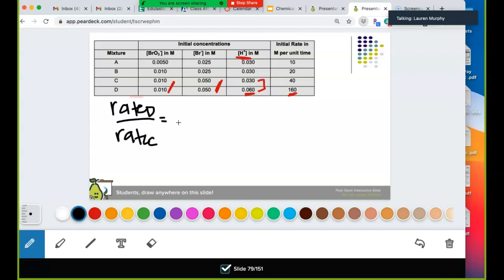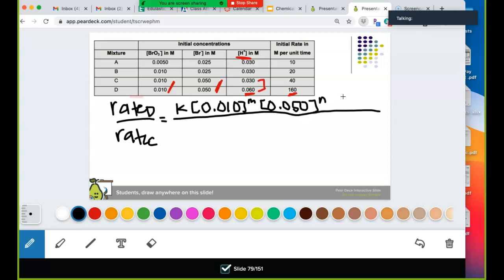And so what we do is we write rate laws for both of those. Rate law for D is rate equals K. Now I plug all of the information in from D. That all goes on the top.